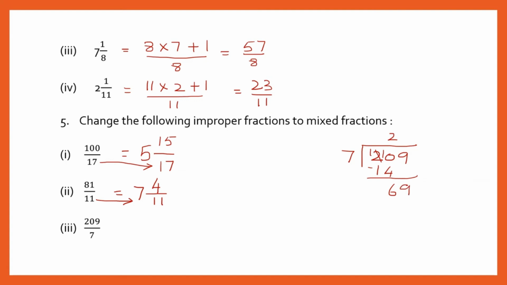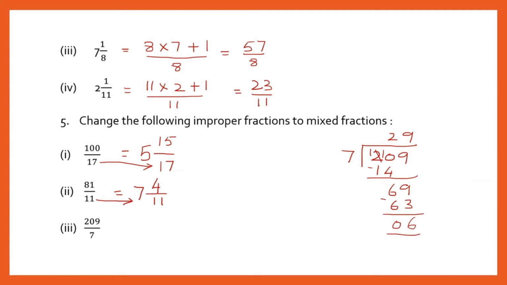I bring down 9. 69. Now get a number close to 69. So 7 9s are 63. So I write 63 and I subtract 9 minus 3 is 6. And 6 minus 6 is 0.